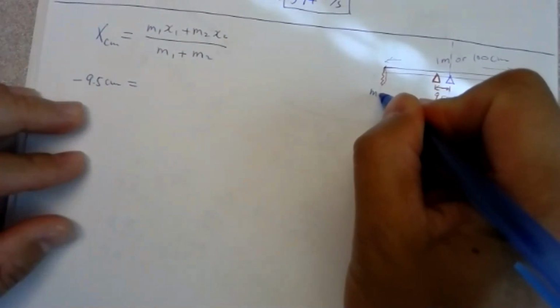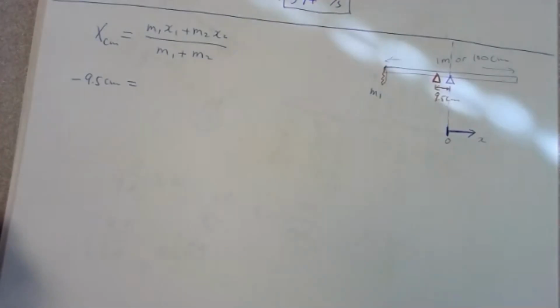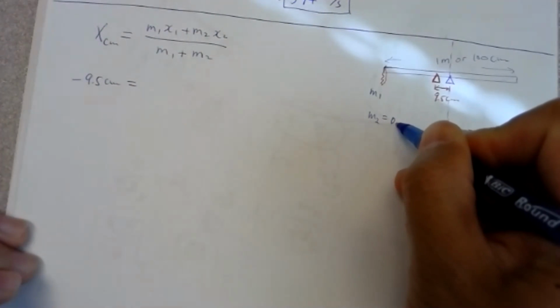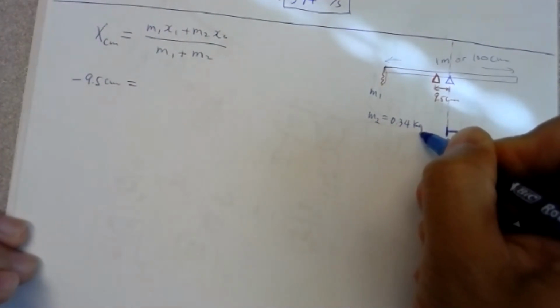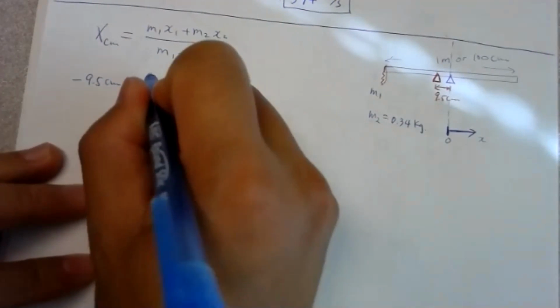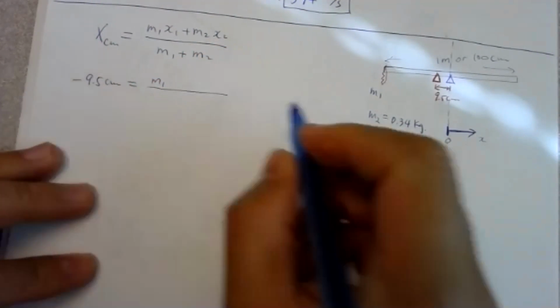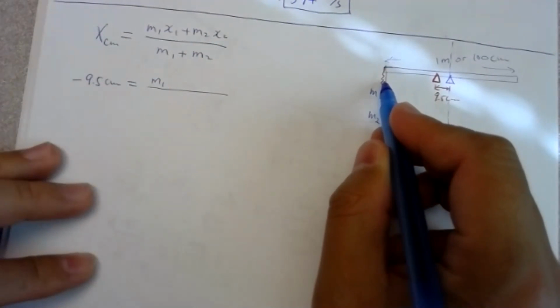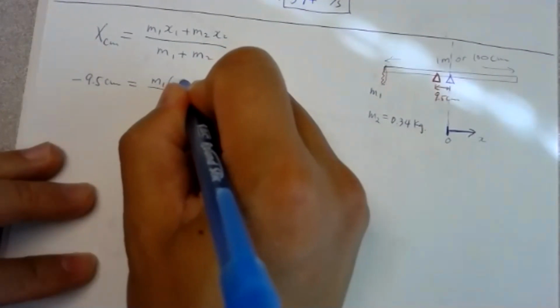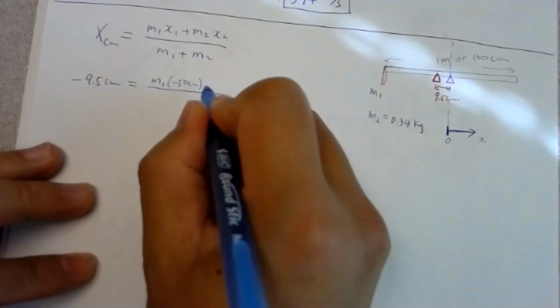Let me take the mass of the necklace to be m1, and the mass of the meter stick to be m2, which is 0.34 kilogram. Then x1 will be the position of the necklace, which is 50 centimeters from the origin, so negative 50 centimeters.